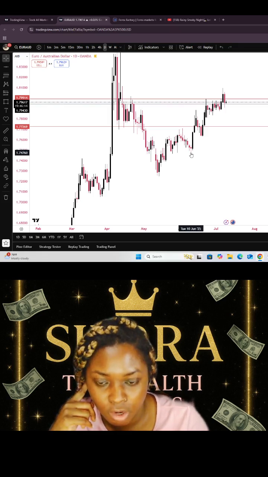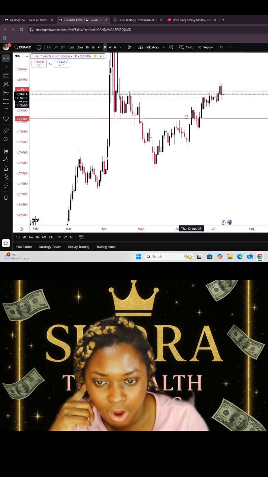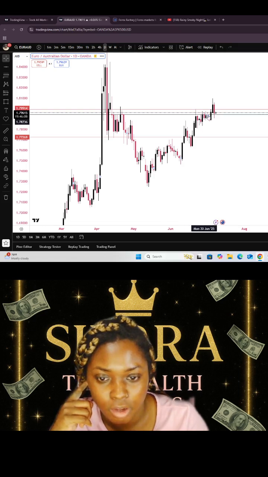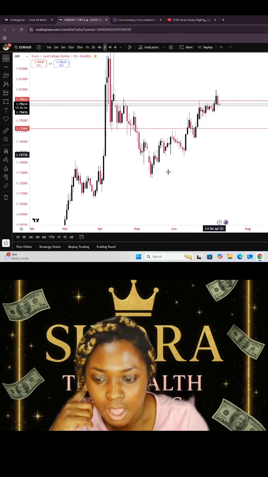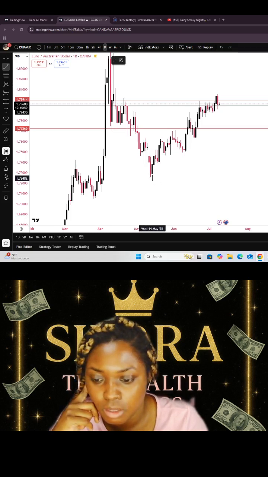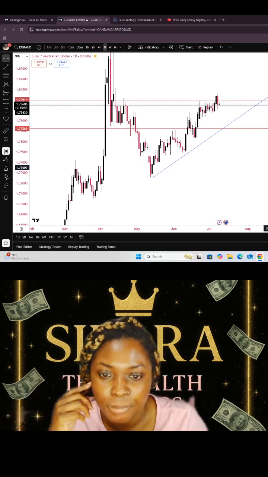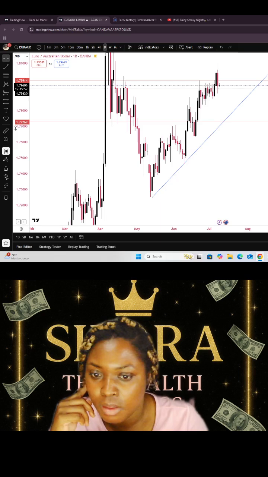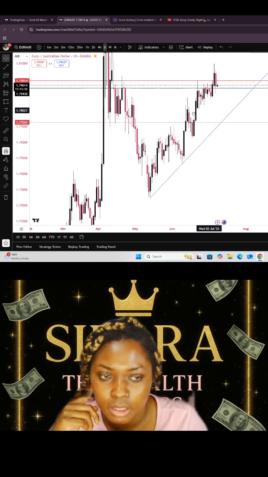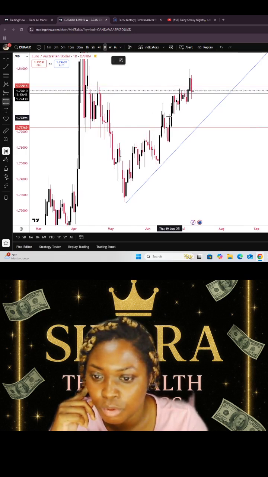And now we have higher lows and then higher highs, higher lows, higher highs, higher lows, higher highs. I see a rejection point here and a rejection point here alongside my trend. So I'm going to draw a trend line. Okay. I see a fair value gap here on the daily. So I am going to mark up my fair value gap.